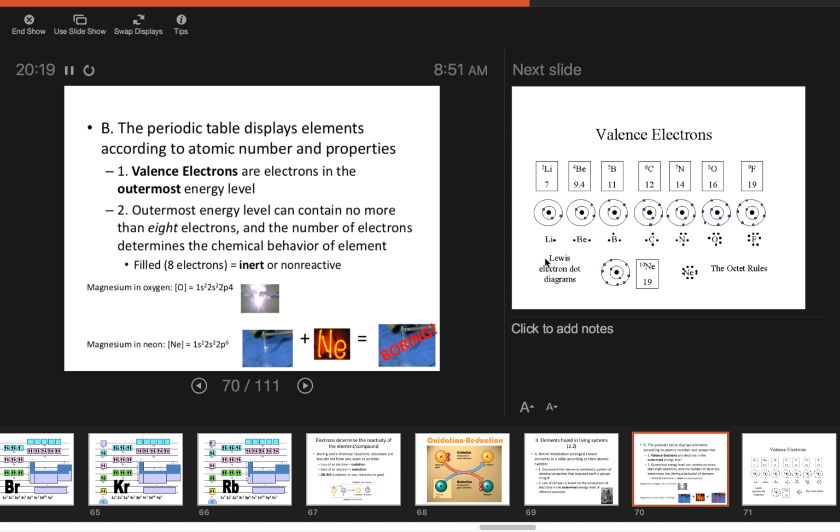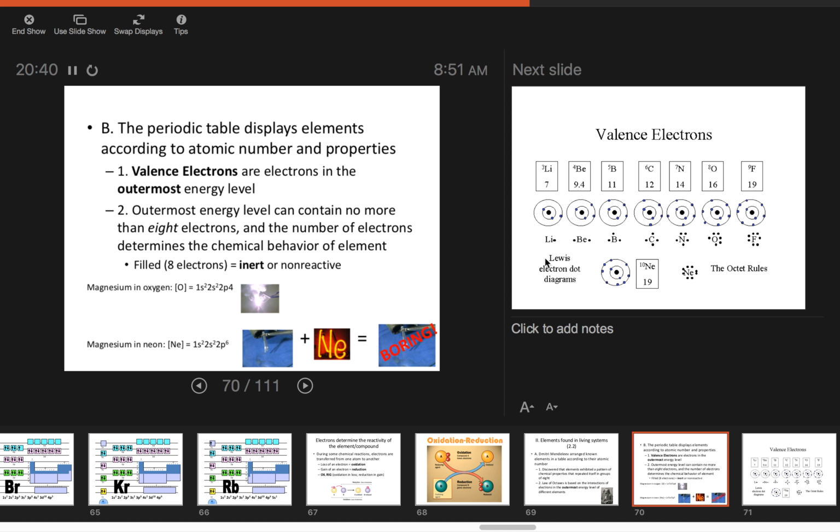So magnesium and oxygen. Magnesium has a +2, right? And oxygen has a -2. If I wanted to draw this out, magnesium has atomic number 12.